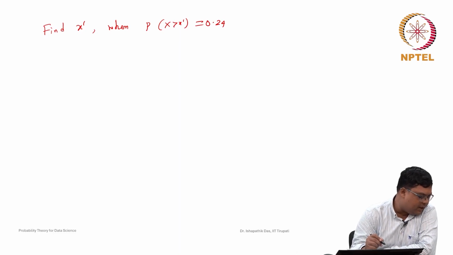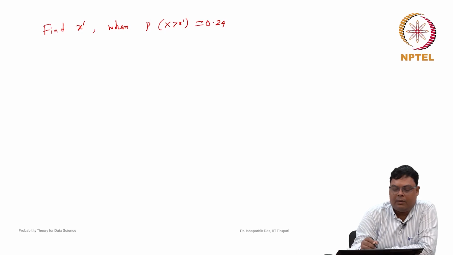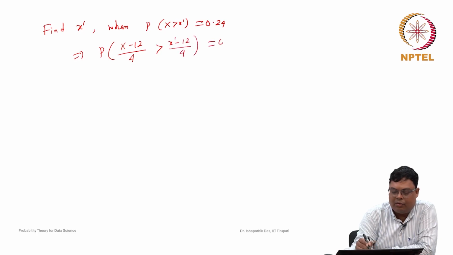How can we find that? We do not know x dash, so we will take the transformation again. This implies the probability that (x minus mu) by standard deviation, with mu 12 and standard deviation 4, is greater than (x dash minus 12) by 4 should be equal to 0.24.